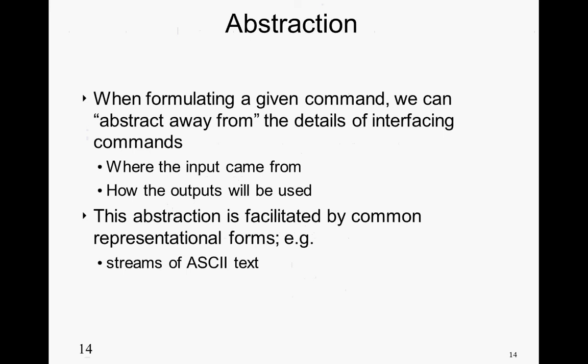This abstraction, this capacity to focus on that and hide the details of where the input's coming from or where the output's going, is facilitated by the use of ASCII text as an exchange mechanism, as often the output from one command is the input to another. Think of doing an ls and then piping it, something we'll be talking about more later, into something like word count or something like sort, etc.